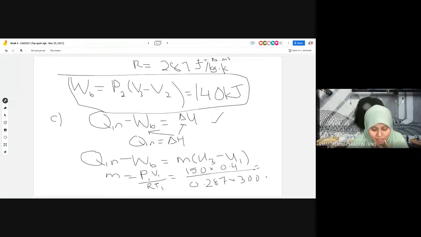Once you get the mass, you can include the mass here, and then we need to use another table, for ideal gas, to search for U3 and U1. The one that I just forwarded. Okay, this one.